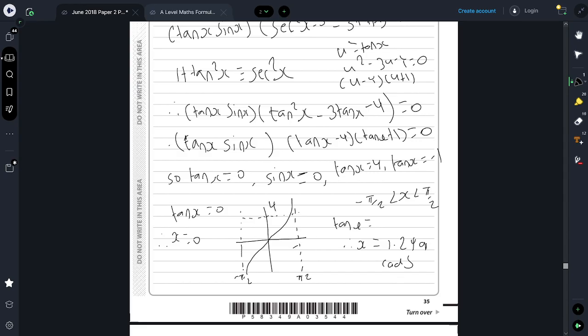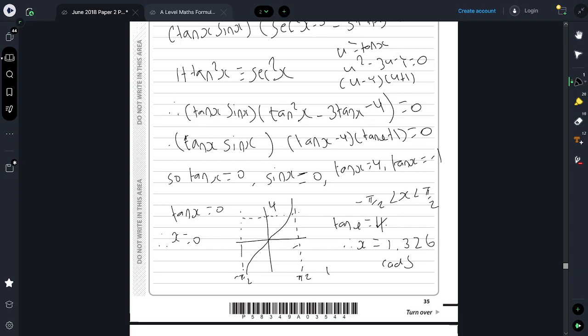What's tan x is 4? Arctan of 4, which is 1.326 radians. Sorry, tan x is 4, so x is 1.326 to 3 decimal places.